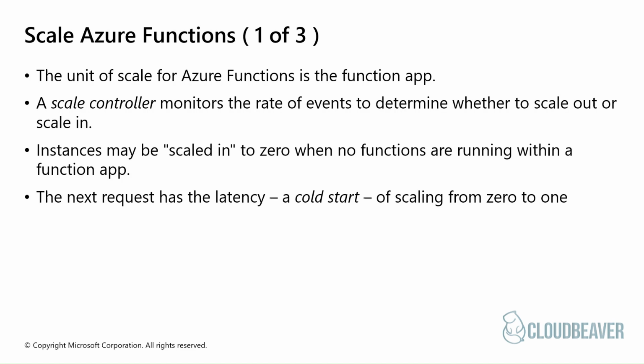When you talk about scale in here, when there is no job happening, there could even be zero servers, which means no servers available for a function to work. In this scenario, when a new request comes, it becomes a cold start, which means there could be a slight latency for the first request to be completely processed, because it should bring on a new server based on your demand.